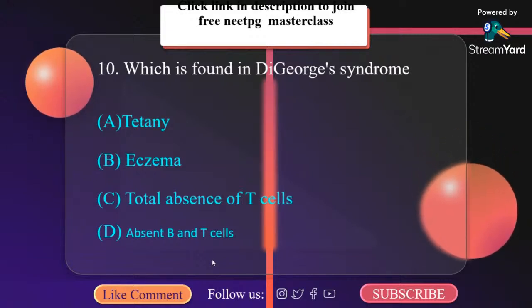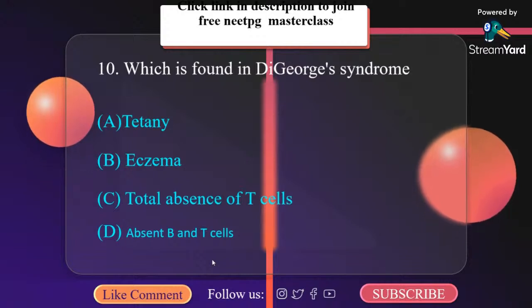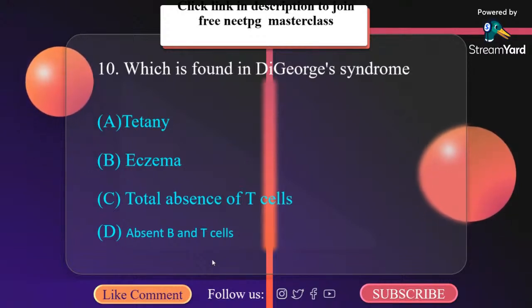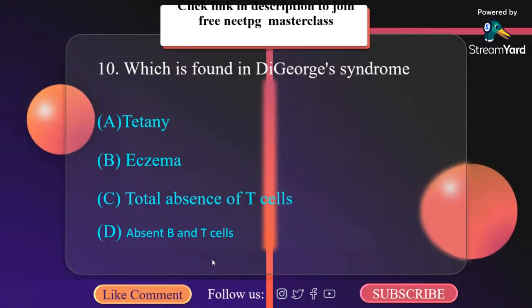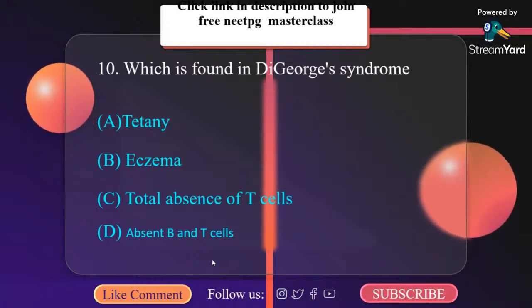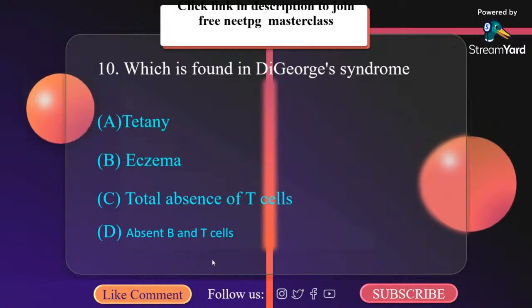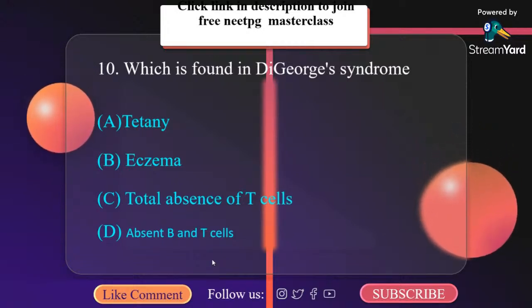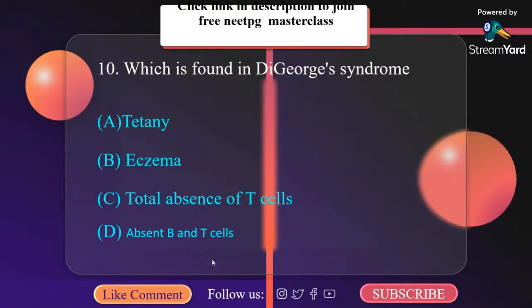DiGeorge syndrome is an example of T cell deficiency that results from failure of development of the third and fourth pharyngeal pouches. The clinical feature is enhanced susceptibility to viral, fungal and bacterial infection, especially mucocutaneous candidiasis. Facial abnormalities: hypertelorism, abnormal ears, short philtrum and micrognathia.